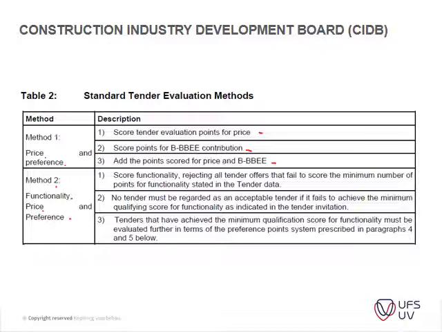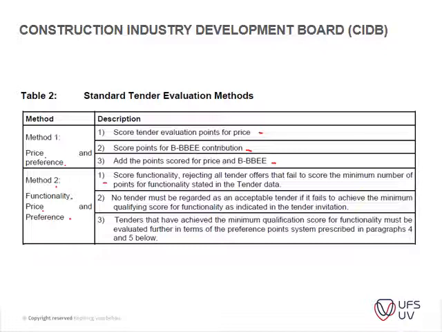And then method 2, you've got your score for functionality, rejecting all tenders that fail to score the minimum number of points for functionality. So that's what I explained. You evaluate the tenders according to past experience and give them a score.